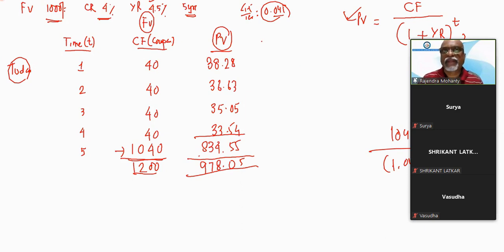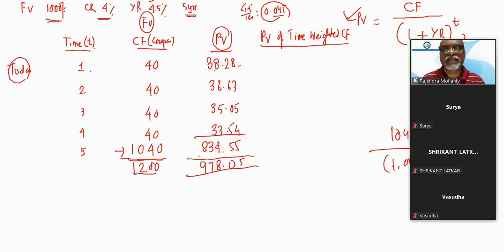Next, the next column you have to calculate is called PV of time weighted cash flow. This is the fourth column. It is simple: whatever this column's amount is, multiplied by the corresponding t.